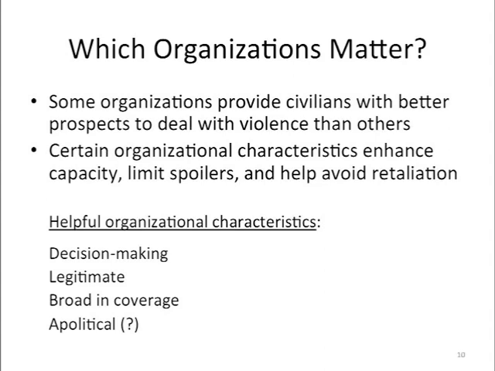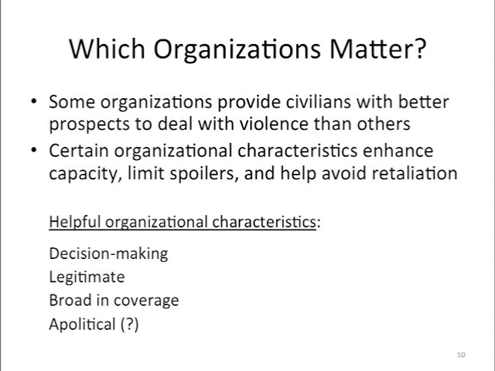These organizations, to the extent that they're legitimate and are believed in by a broad cross-section of the people, help limit spoilers and also increase the capacity to implement strategies. And so if you could think about just a local democratic council that is very inclusive and respected by the community, it'll also empower the leaders of that organization and help them to deal with external threats from armed groups.